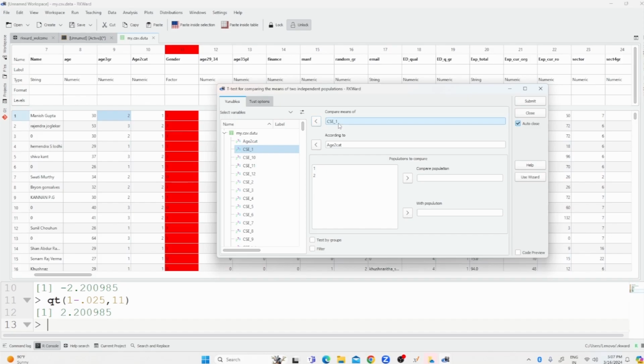So we are comparing the means of CSC underscore 1, we can take JP1 also, not an issue, according to age 2 category, which is having 2 levels 1 and 2. Now, comparing populations. So, I am comparing 1 with 2 or 2 with 1, that is important and we will see how, because the ordering is important for the test. Now, we press submit.